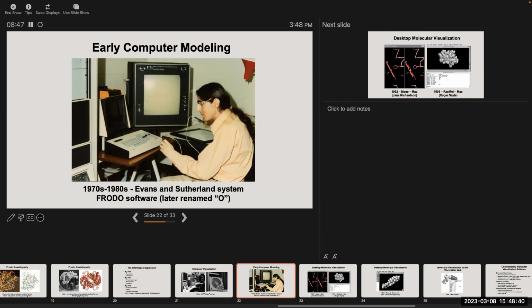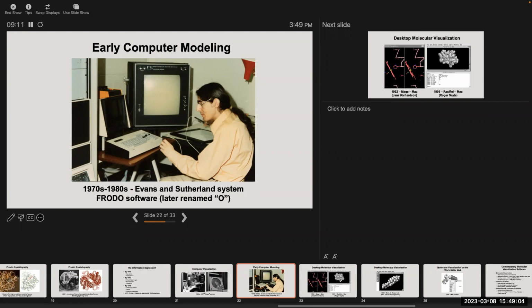So it was no longer necessary at this point to build a physical model, measure it, and then enter those measurements into the computer to create a digital model. You could now take the X-ray crystallography data directly using this program called Frodo, and then create your digital model of a protein or some other complex molecule.